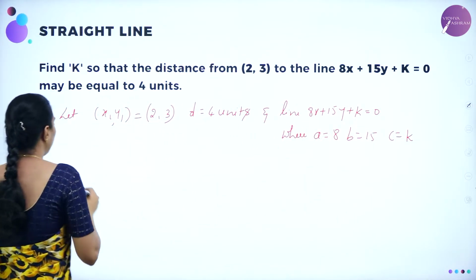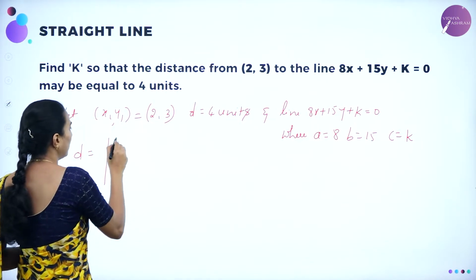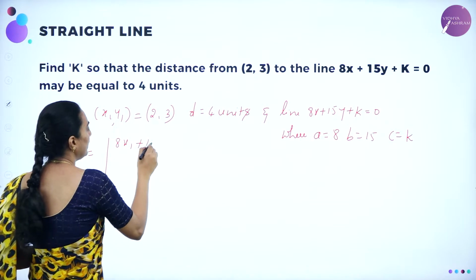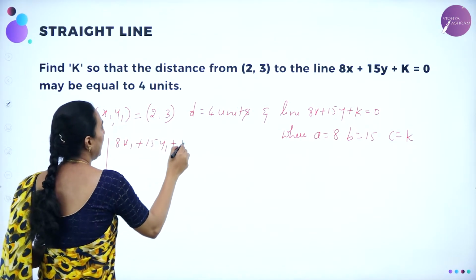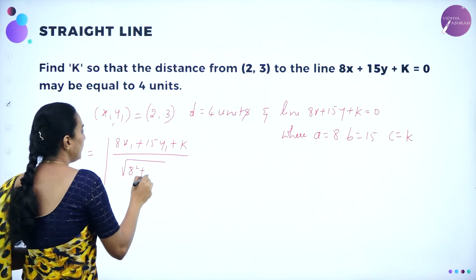Now let me write down the formula. D will be equal to modulus of 8x1 plus 15y1 plus k divided by square root of 8 squared plus 15 squared.